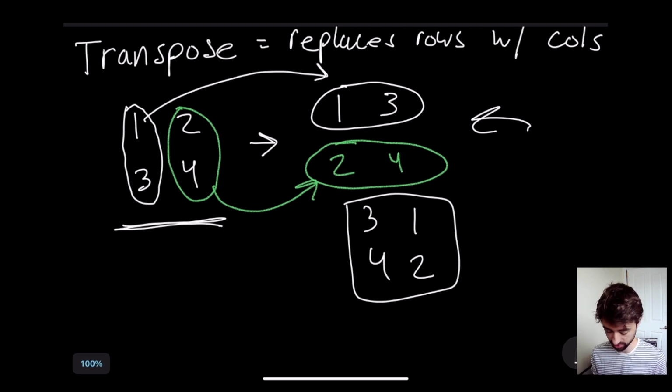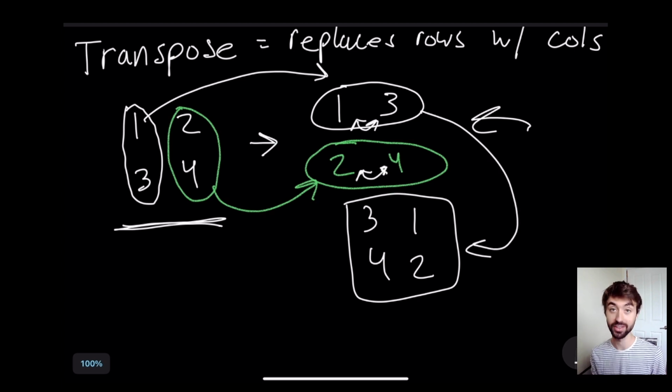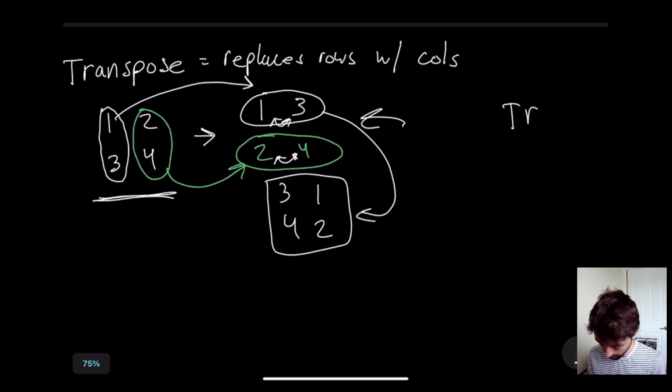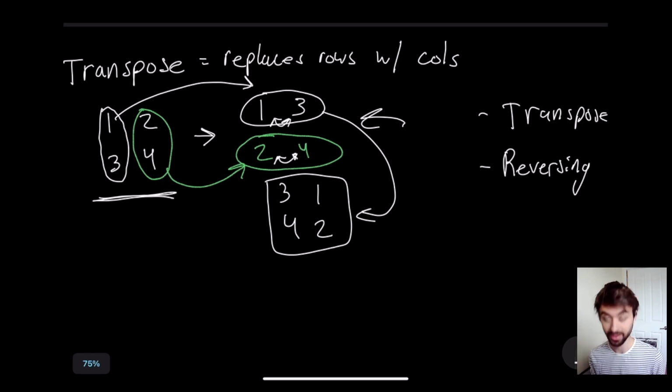So we need one extra step, which is to switch these values. Because if we switch these values, we end up with the correct final answer. So it's clear that we need to do a transpose operation and we need to do some sort of reversing of the numbers. And that'll get us to our final solution.